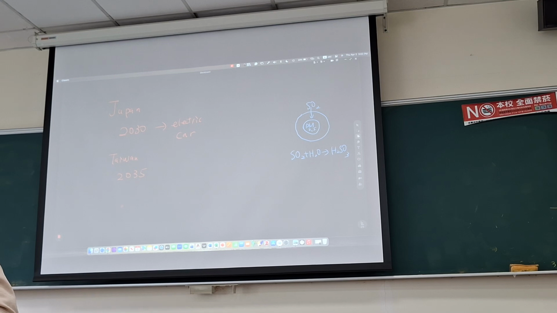So in Taiwan, by the year 2035, no fossil fuel, no oil car will be sold. Only electric cars will be sold in Taiwan. Okay.